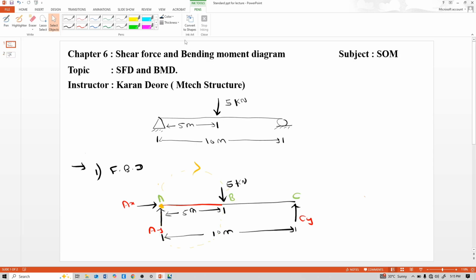This CY, see this CY, is anti-clockwise. So anti-clockwise means minus CY into the distance between A and that point C, the perpendicular distance to that force, which is 10 meters.